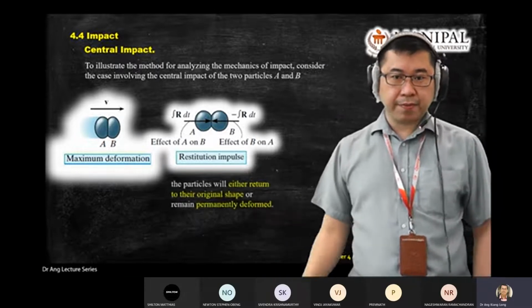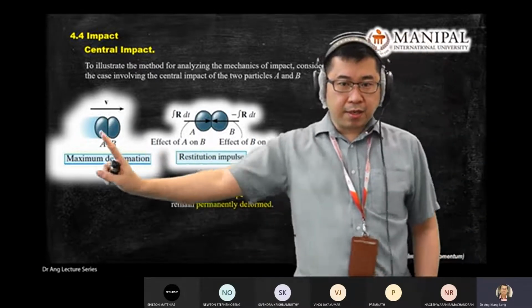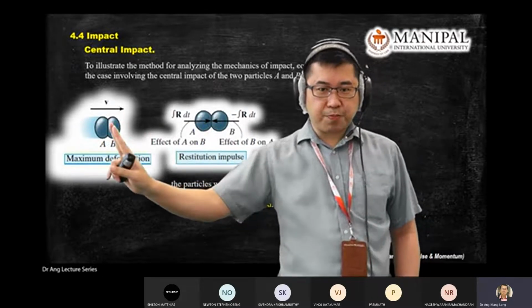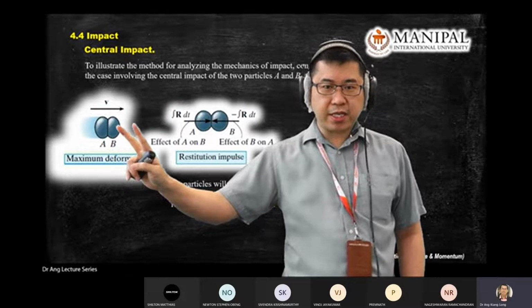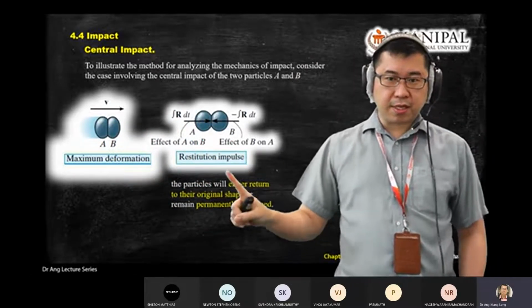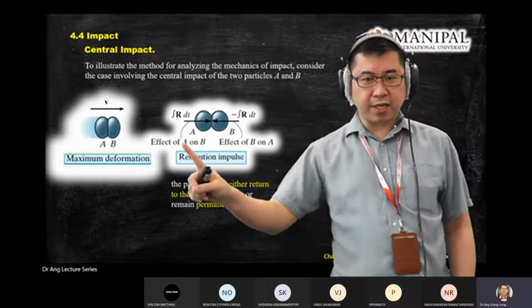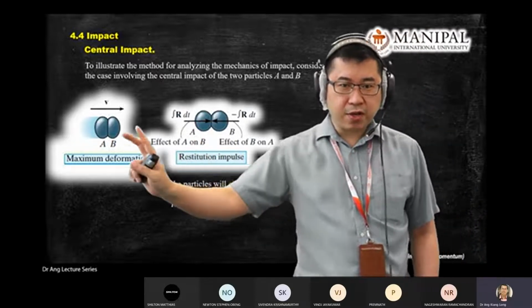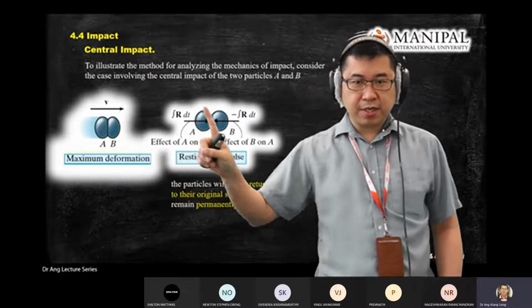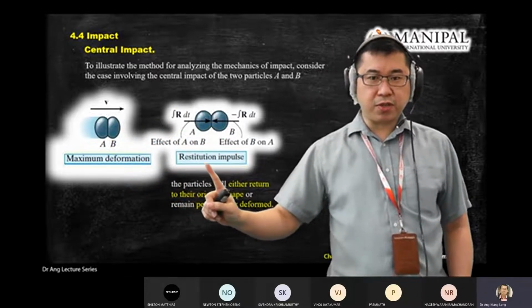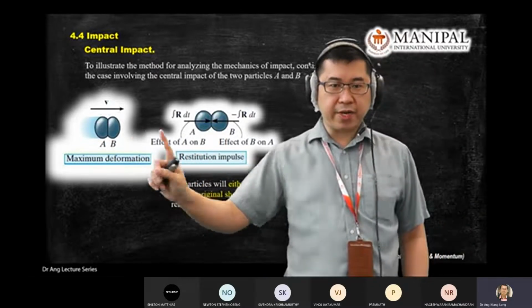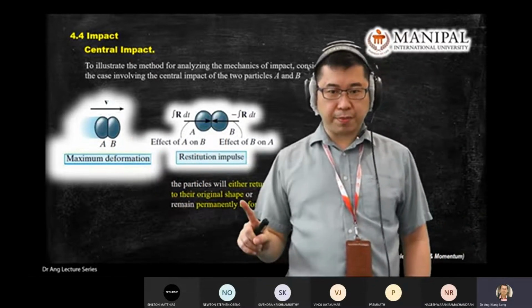At maximum deformation, like a sponge or a spring, they will return to their original shape. The process of returning from maximum deformation we call restitution impulse or the restitution process, where they return to their original shape.